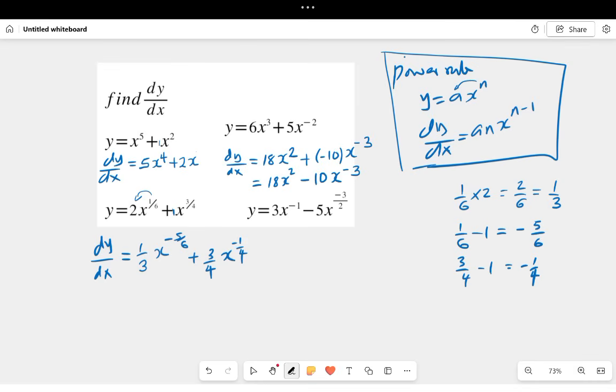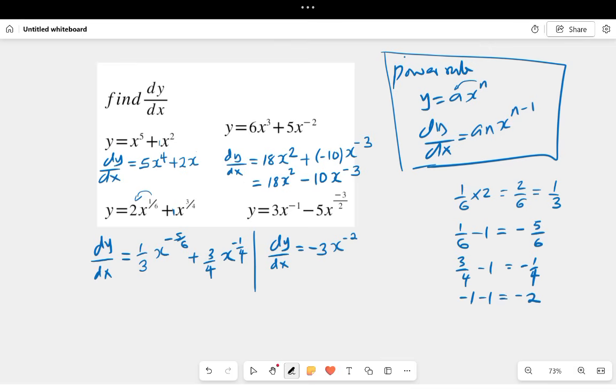All right. Now, next part, the last question. So dy over dx is going to be equal to negative 1 times 3 is negative 3x, and then negative 1 minus 1 is going to be negative 2. Guys, look, negative 1 minus 1 is actually negative 2.